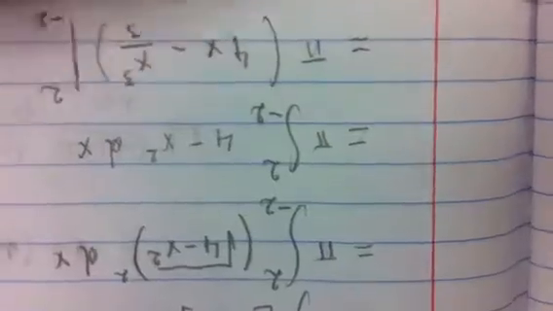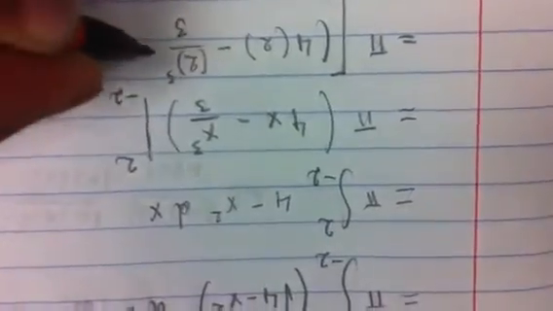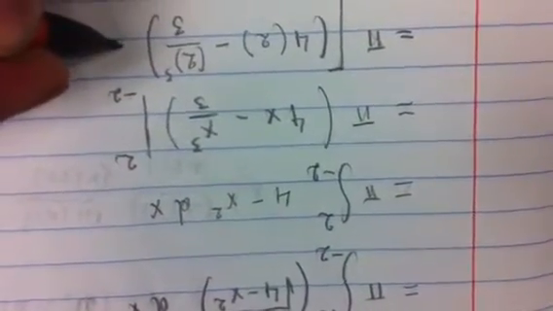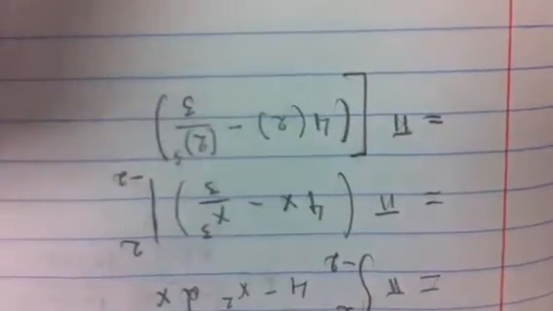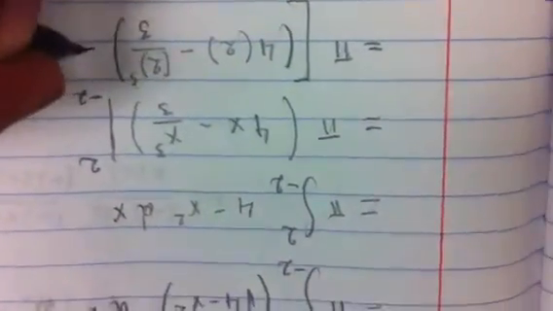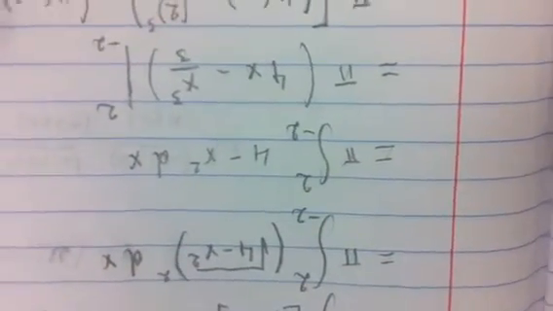So we have 4 times 2 minus 2 raised to the third power over 3, minus 4 times negative 2 minus negative 2 cubed over 3.